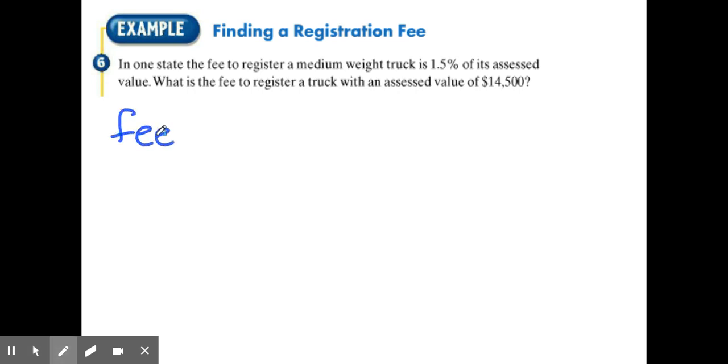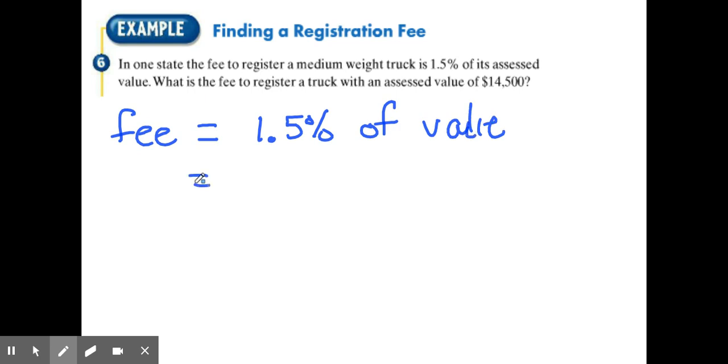So my fee is 1.5% of its value. Or 0.015, turn the percent into a decimal, of means times, and value 14,500.